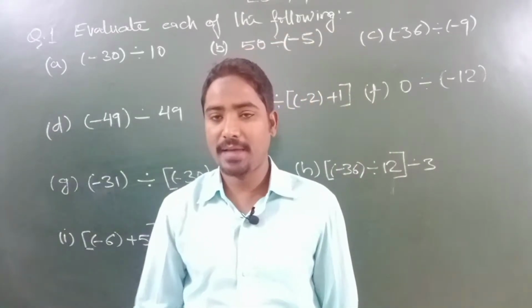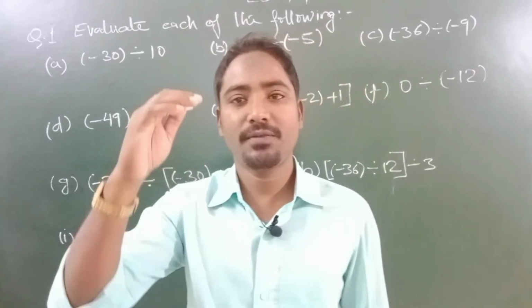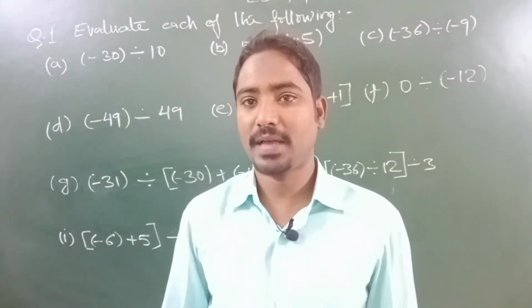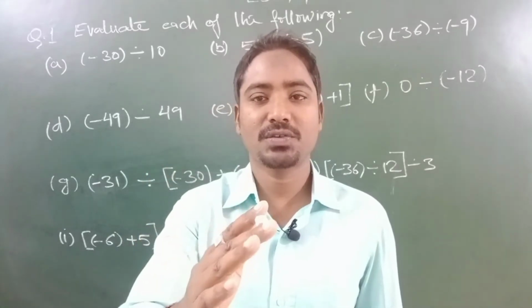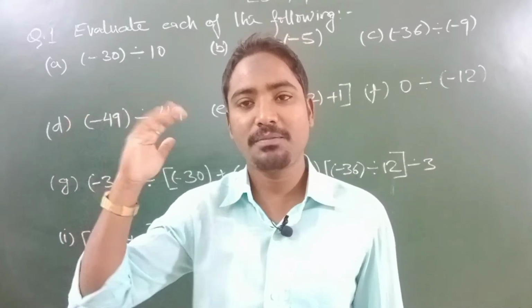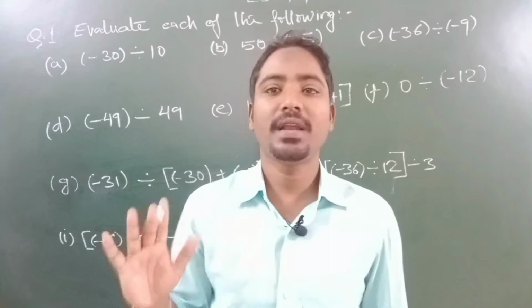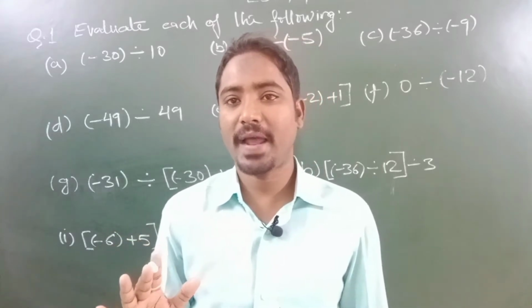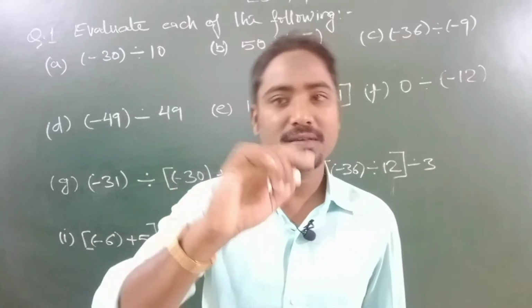How? See here, I am telling you. First we will forget the sign and simply divide the numbers which have been stated in the question. Then we will recall the sign and divide the signs also.